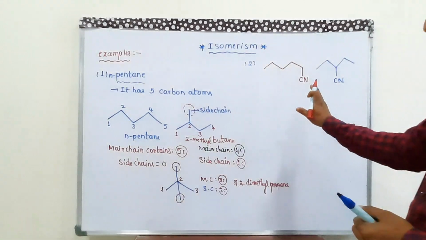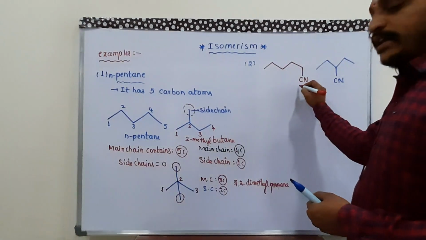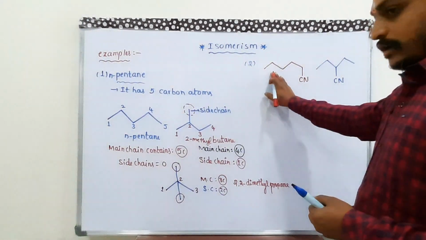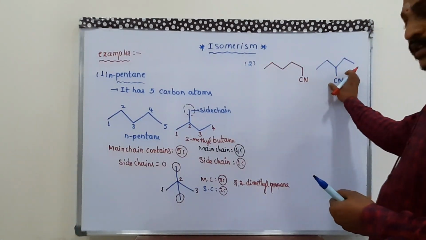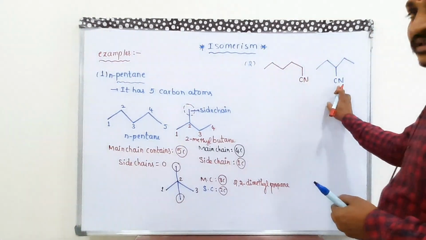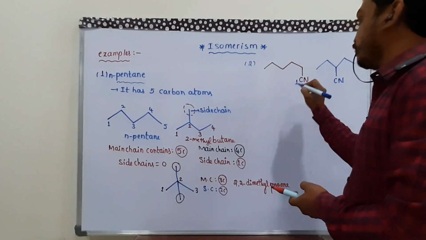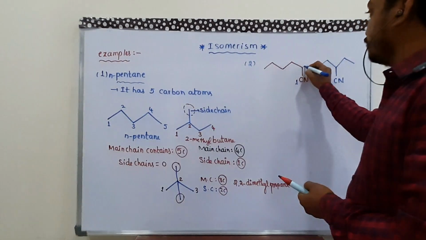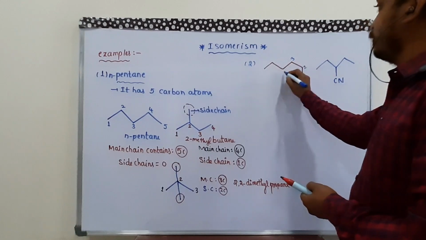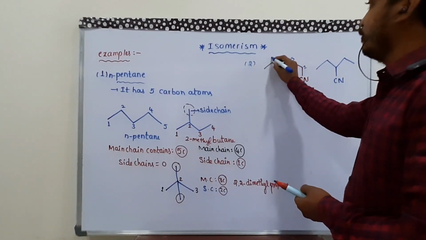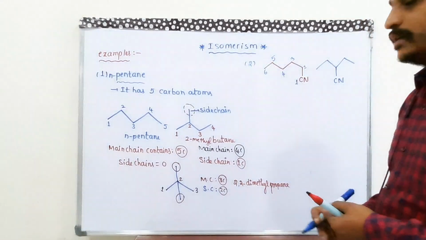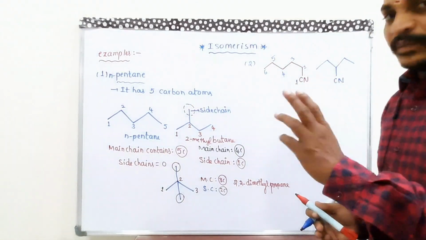Just observe it. The CN is the functional group present on the given carbon chain. If you observe, here also one CN group is present. So I am giving the numbering: this is the functional group, 1, 2, 3, 4, 5 and 6. The chain contains 6 carbon atoms.